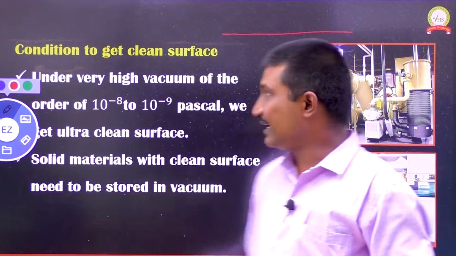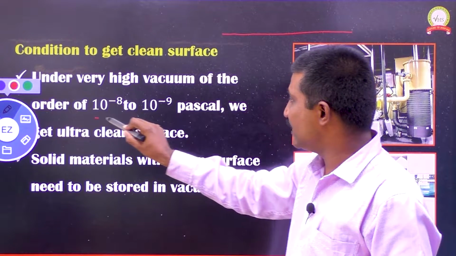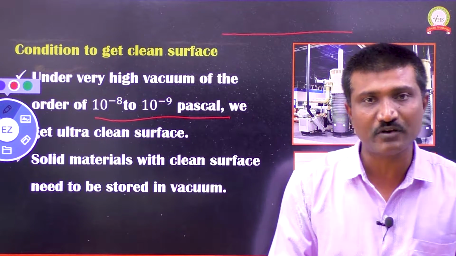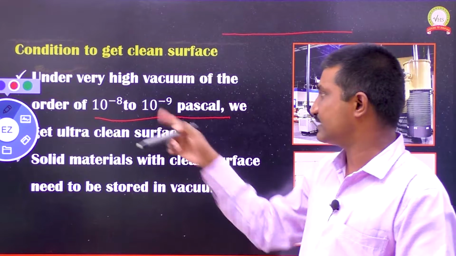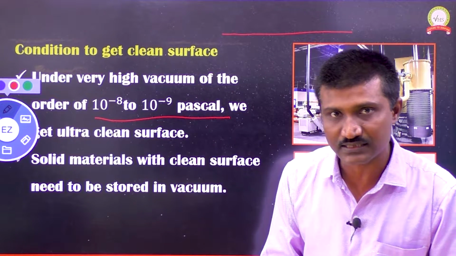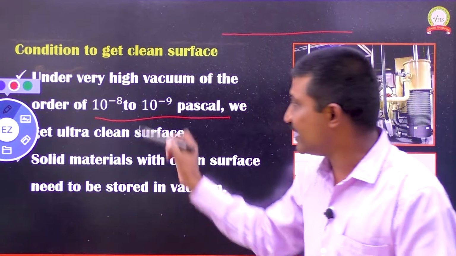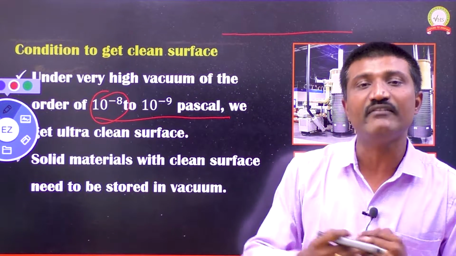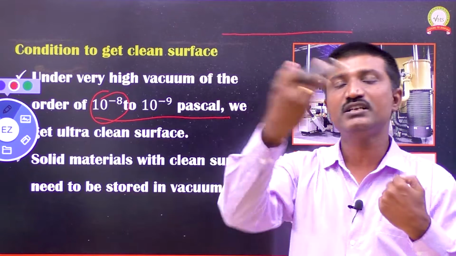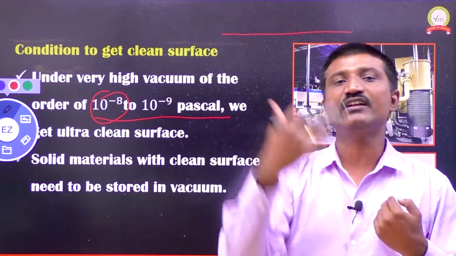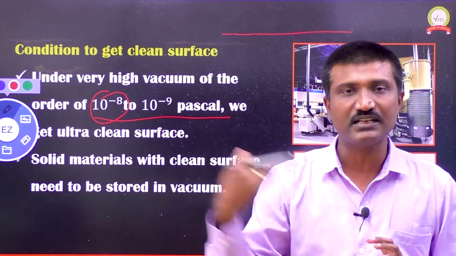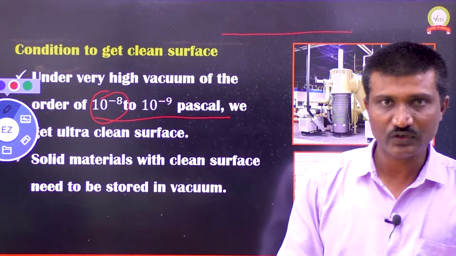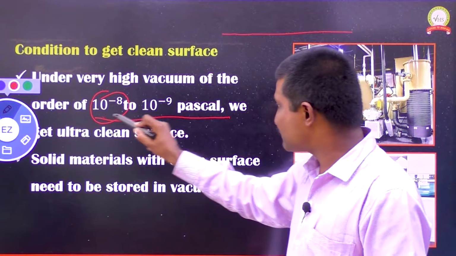If we maintain the pressure exerted by gases at 10 power minus 8 to 10 power minus 9 pascals, the pressure is very low. 10 power minus 8 is a very small value, so the gases present in that environment are also fewer.